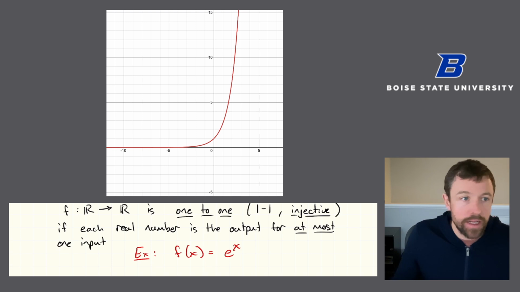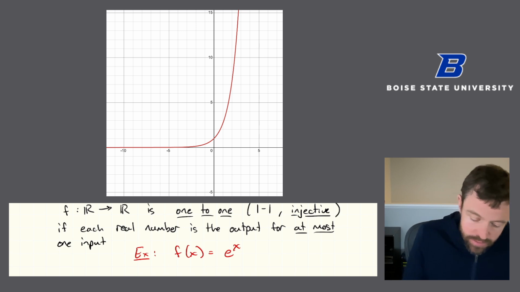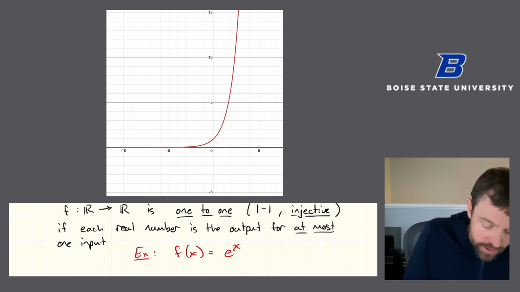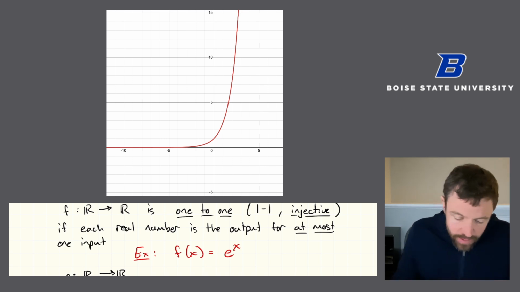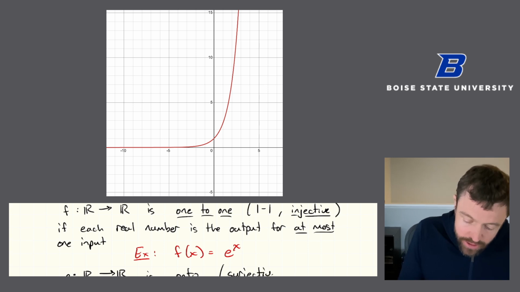All right, let's look at a different example. What does it mean for a function to be onto? I'll use a different function name just so that we can refer to these functions later. Another word for onto, if you hear this, is surjective. Surjective means the same thing as onto.